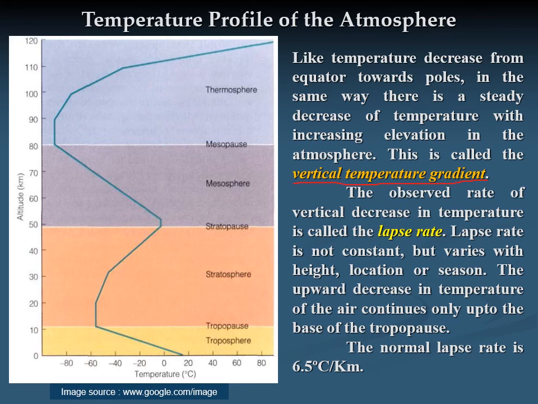It varies with height, even with location or with season. But the change in temperature with height is often found to occur very sharply, and depending on that, we demarcate different layers within the atmosphere.